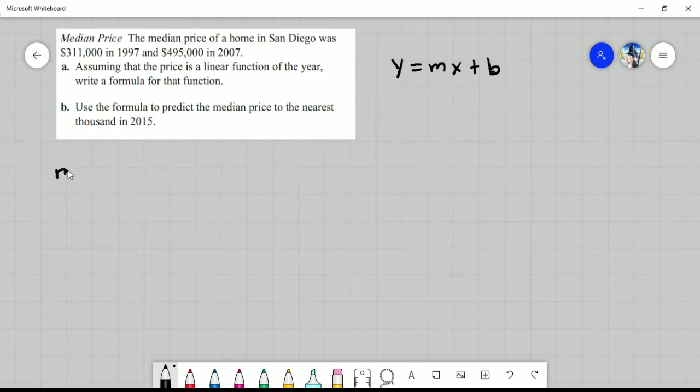So remember, the formula for finding the slope is y2 minus y1, all divided by x2 minus x1. Doesn't matter what you call x1 or x2.